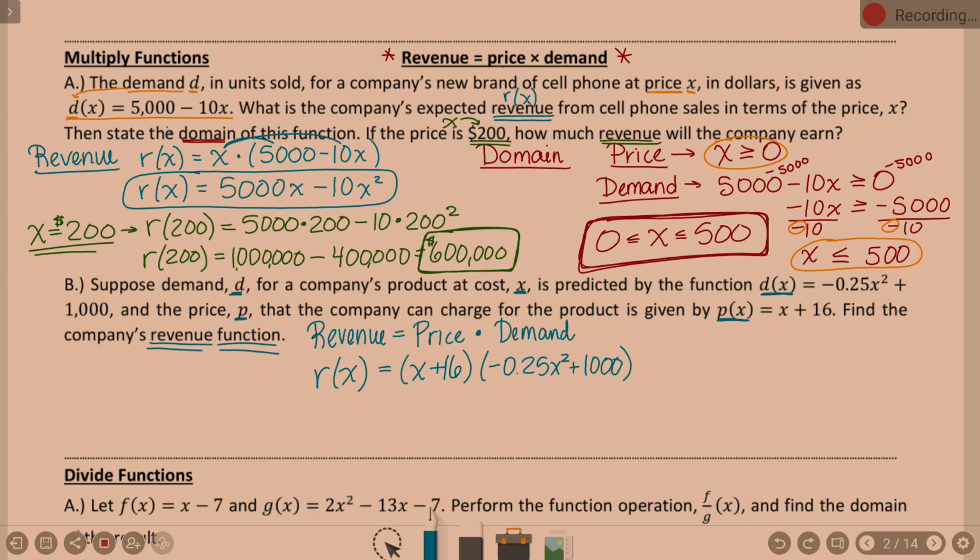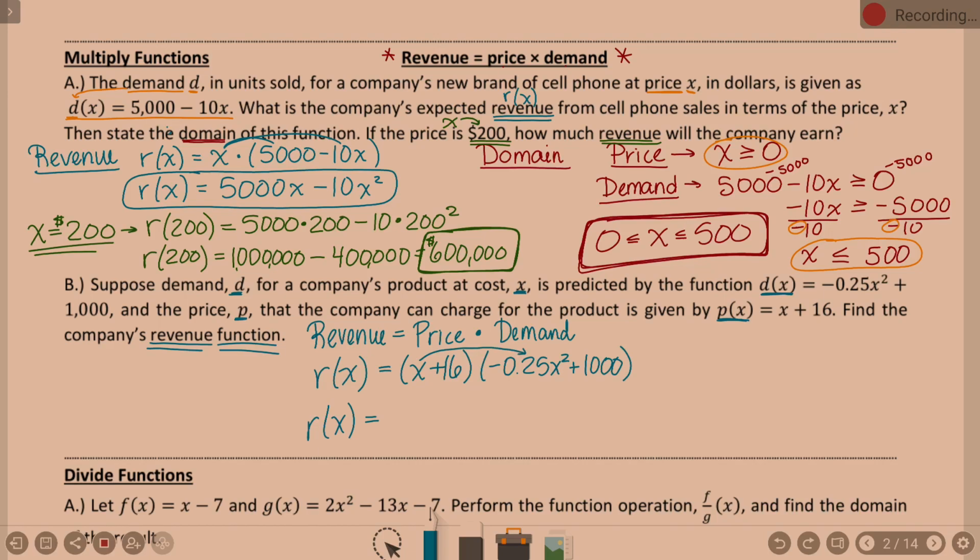Now, what do you think we should probably do? We should distribute. Technically, this is a distribute, or you could say FOIL. Okay, it's not bad though. Let's FOIL. What's first? X times negative 0.25 X squared.